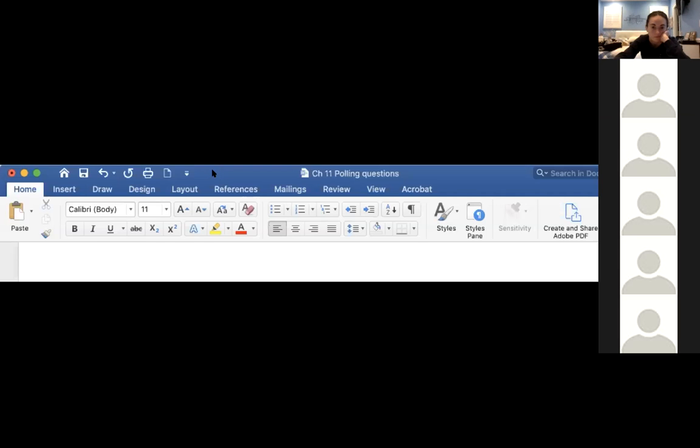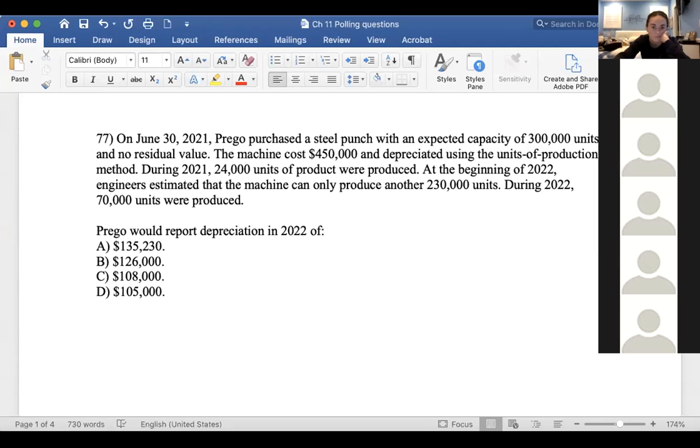In the poll, I'll relaunch it. Let me share my screen, see if I can pull them both up at the same time. And now let me see if I can. All right, now can you see both? Yes. Oh, perfect. Yay. Technology, this is so cool.